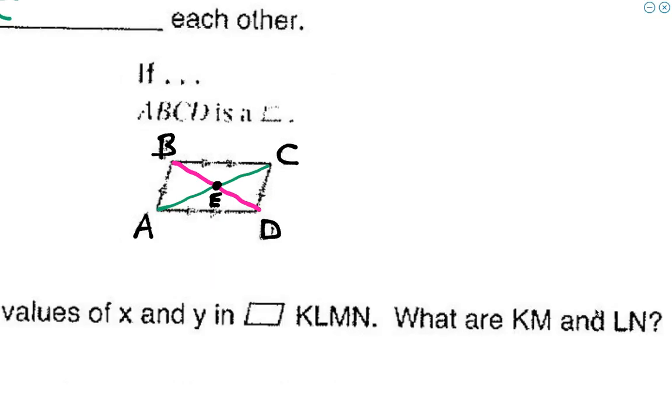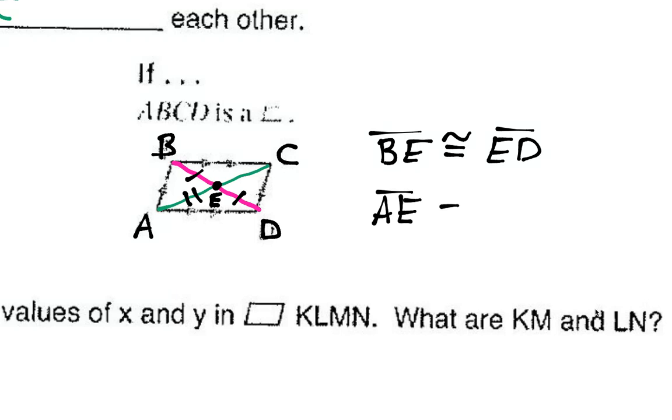So AC, BD, let's say they intersect there at E. That means that BE is congruent to ED, and then AE is congruent to EC.